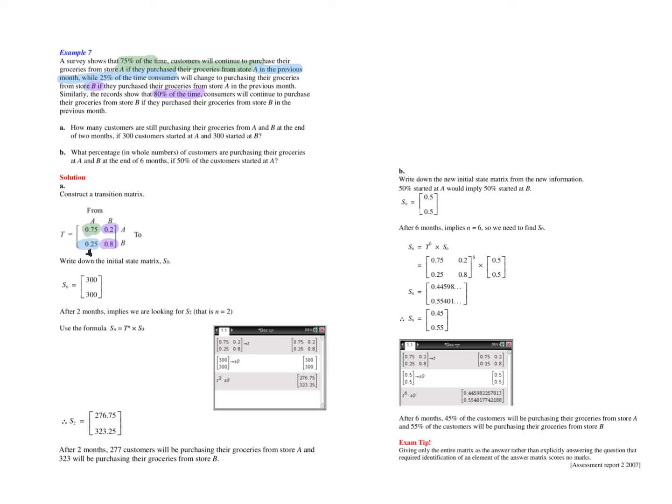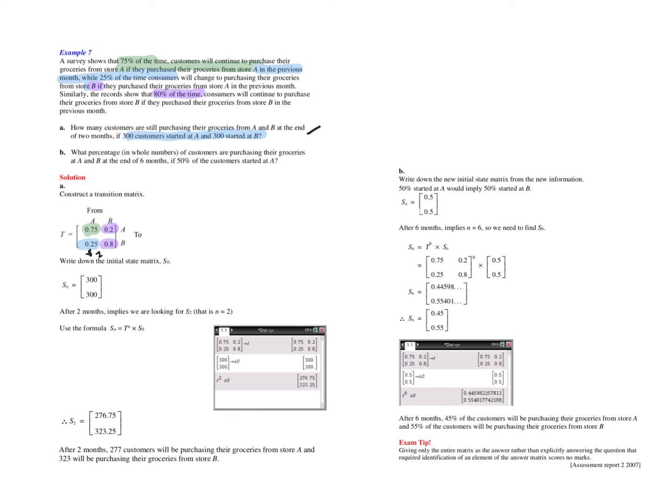So you've got your transition, and it says how many customers at the end of this. Now this is from month to month for their groceries. So how many customers are still purchasing from A and B at the end of 2 months if 300 customers started at A and 300 customers started at B.